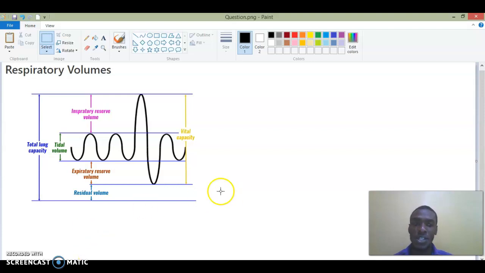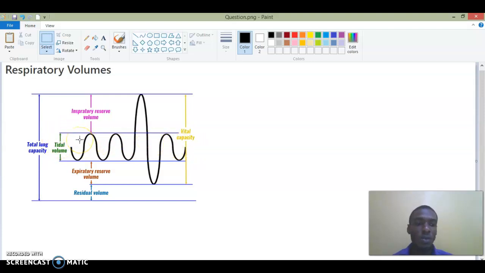On screen now you're seeing a pictorial graph that shows different capacities of the lungs. You notice for most of the graph there is this continuous up and down, which is almost the same for most of it.